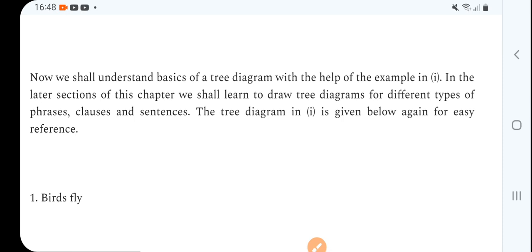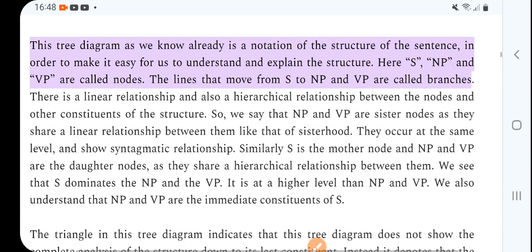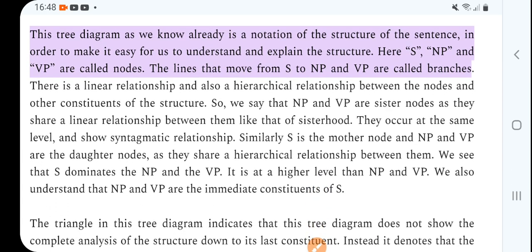Now we shall understand the basics of tree diagram with the help of the example in first. In the later sections of this chapter we shall learn to draw tree diagrams for different types of phrases, clauses and sentences. The tree diagram in first is given below. Again, here I cannot fetch the tree diagram, but we will try to understand through text.